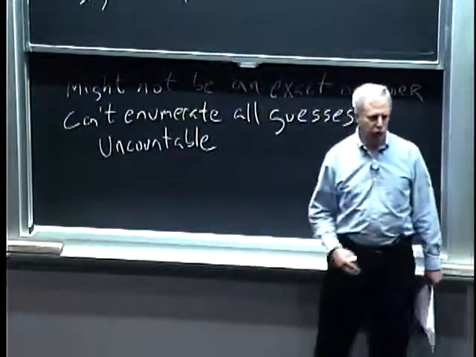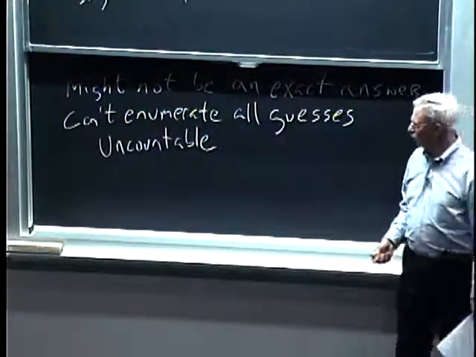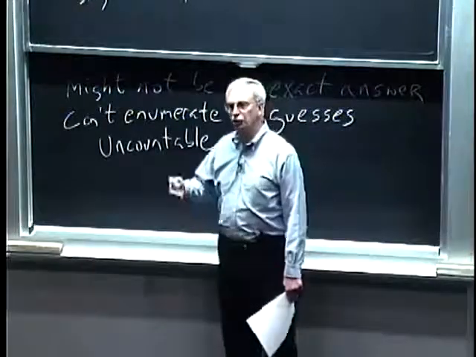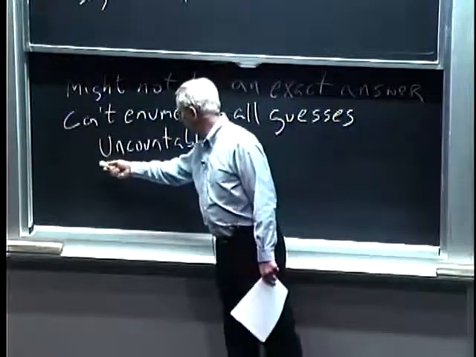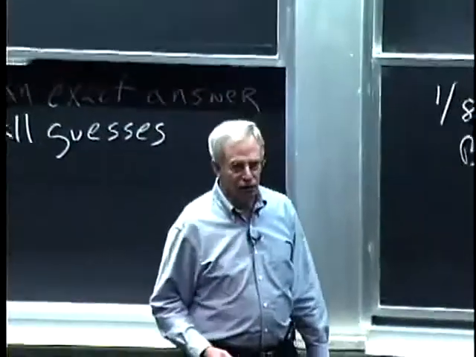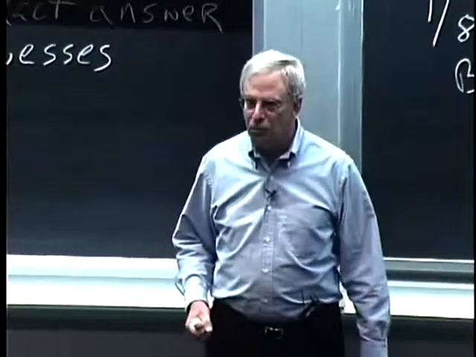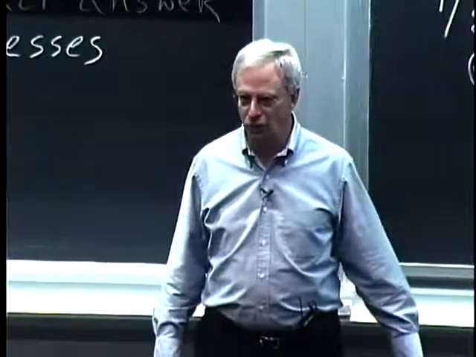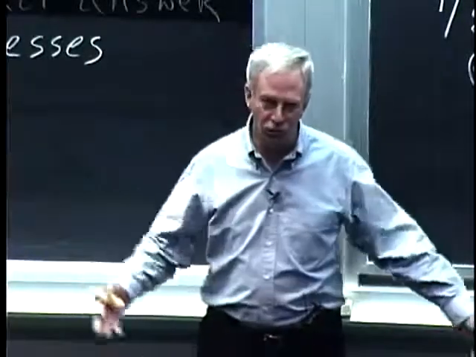If I ask you to enumerate the positive integers, you'll say 1, 2, 3, 4, 5. If I ask you to enumerate the reals, the positive reals, where do you start? 1 over a billion plus who knows?